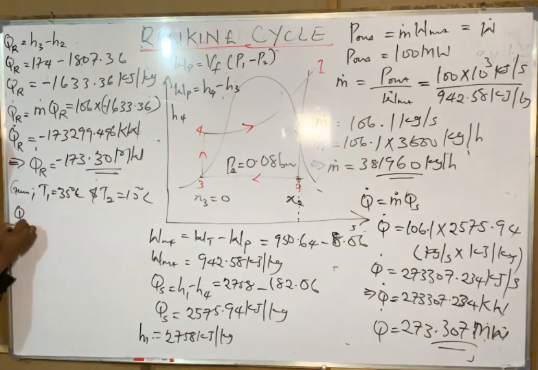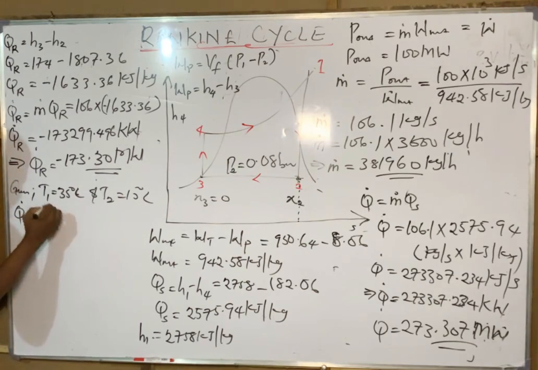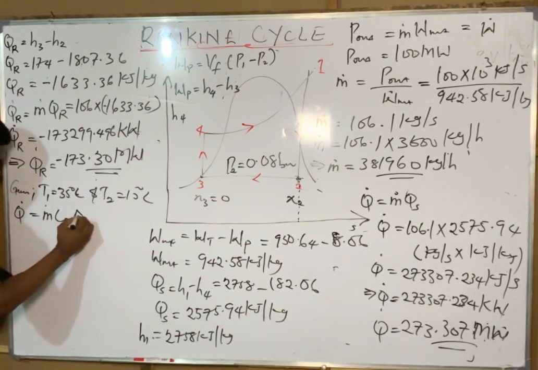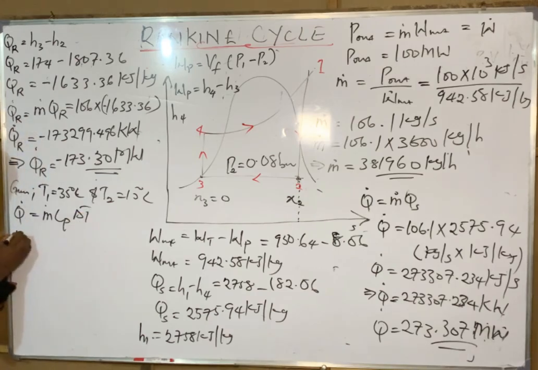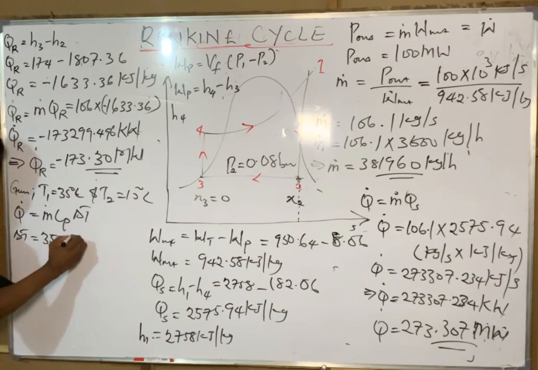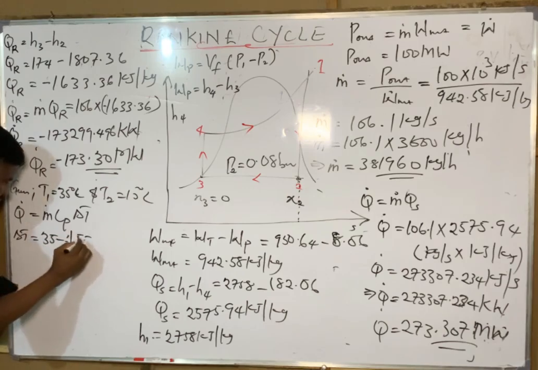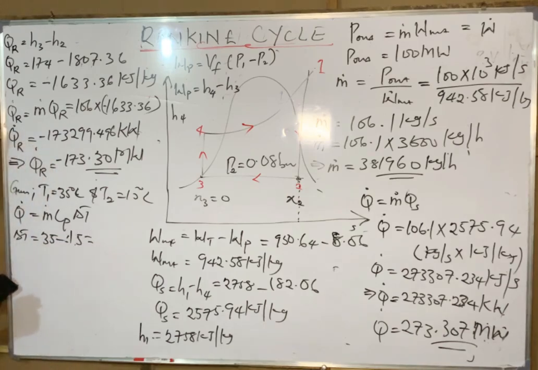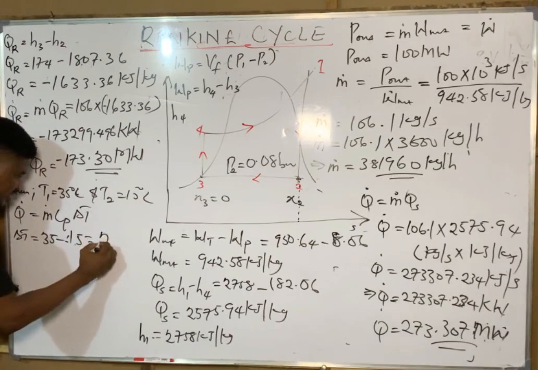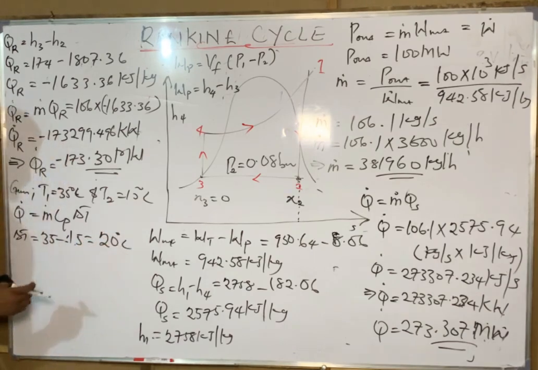The cooling water heat rate is equal to mass flow rate multiplied by Cp multiplied by change in temperature. Our change in temperature becomes 35 minus 15, which equals 20 degrees Celsius or Kelvin.